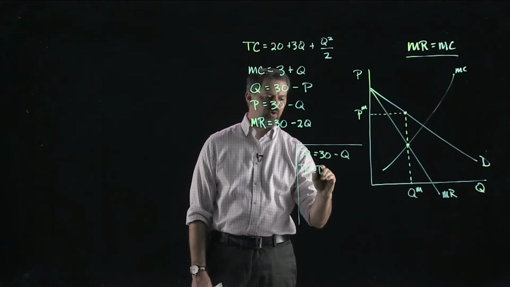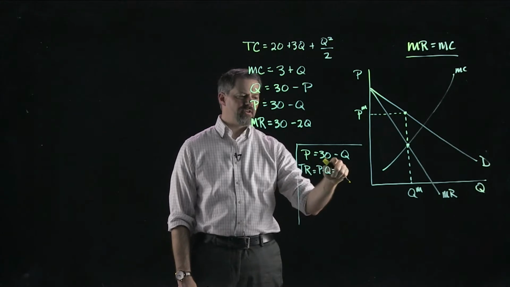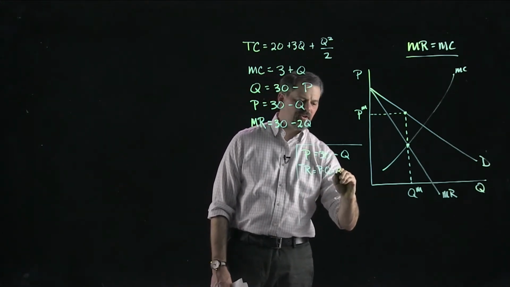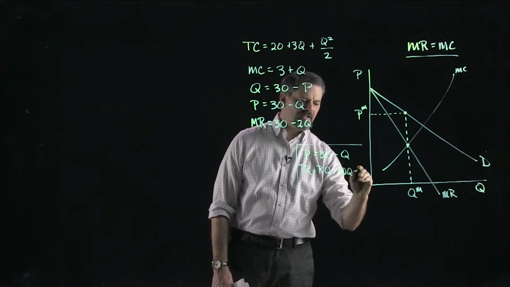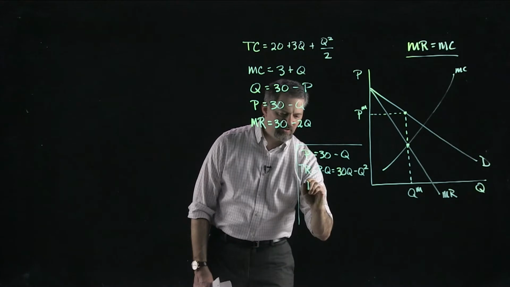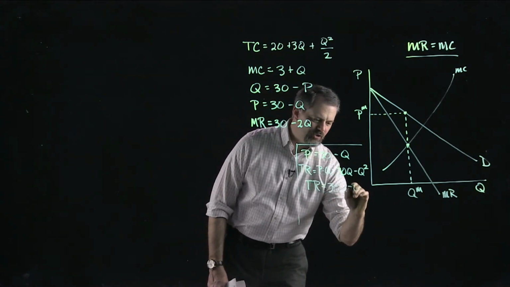Total revenue is just price times quantity. And so if I take price, which is 30 minus Q, and I multiply it by quantity, I'm going to get 30Q minus Q squared. So that's what total revenue looks like. Total revenue is equal to 30Q minus Q squared.